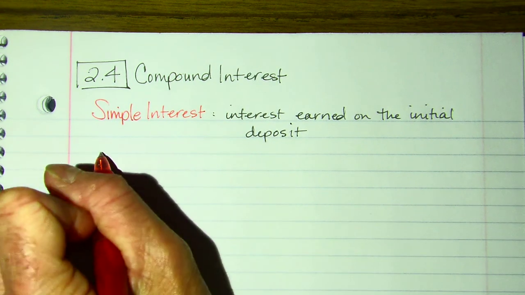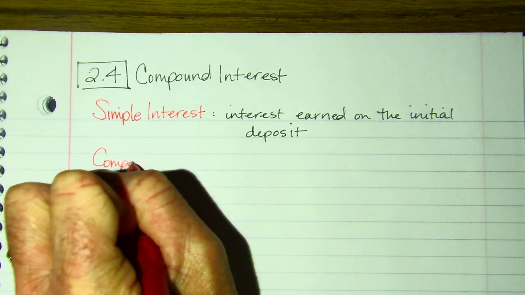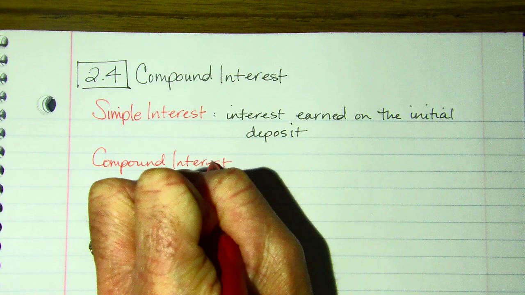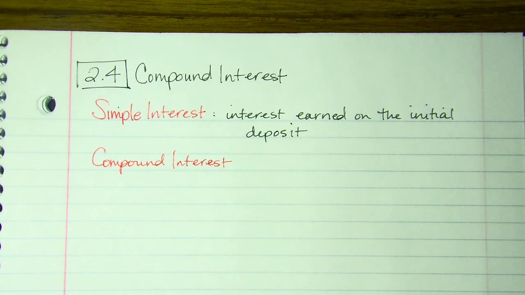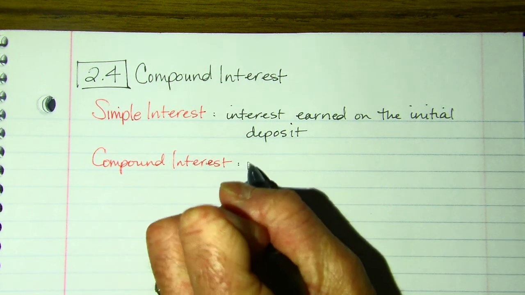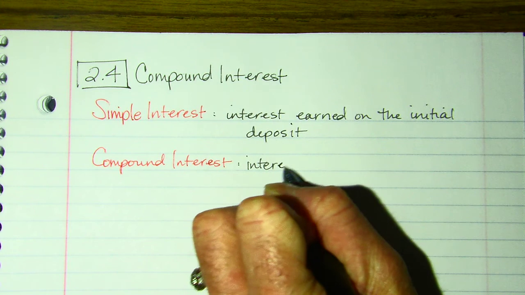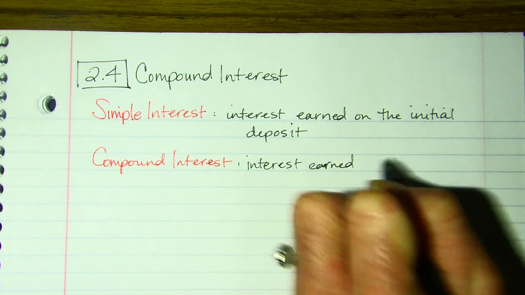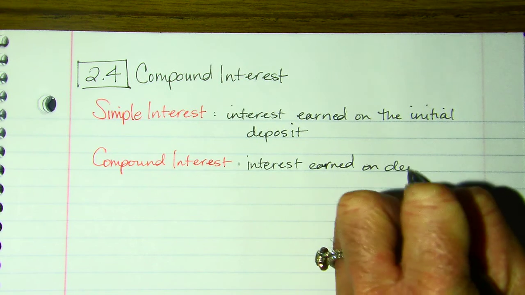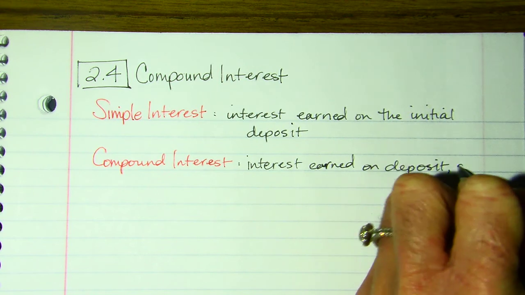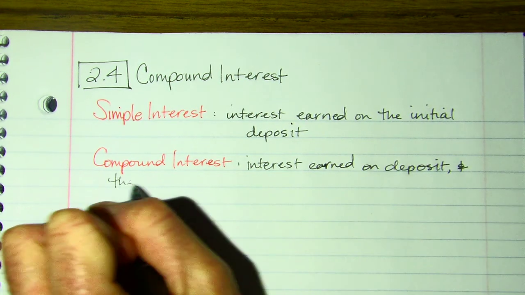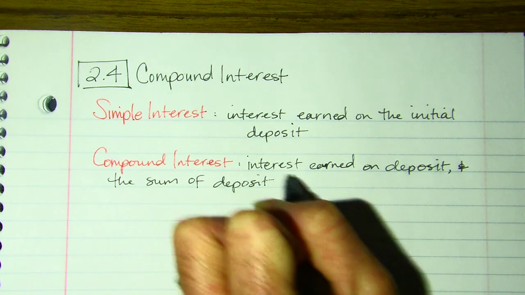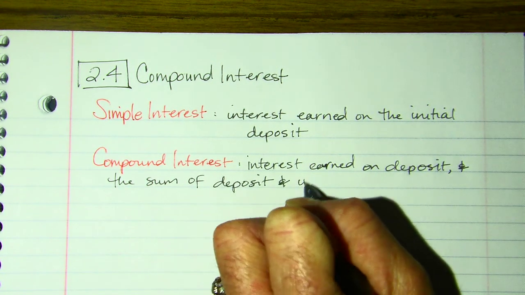So compound interest calculates interest on the total of your account. So compound interest is interest earned on the deposit and the sum of deposit and interest.